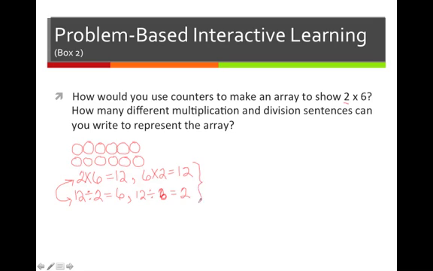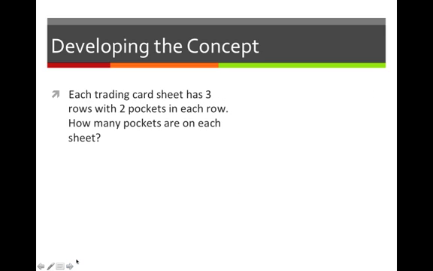Now, when we put these together, we get a fact family for the digits 2, 6, and 12. So if you remember the fact family for these digits, you will remember the division sentences if you know the multiplication sentences. Let's look at another one.